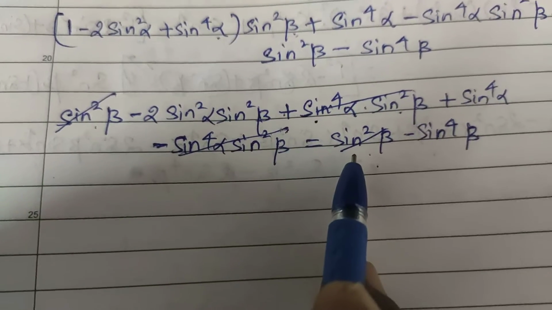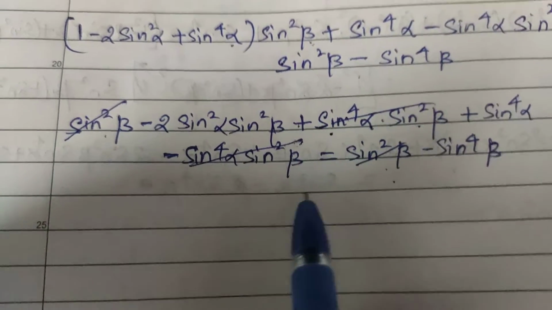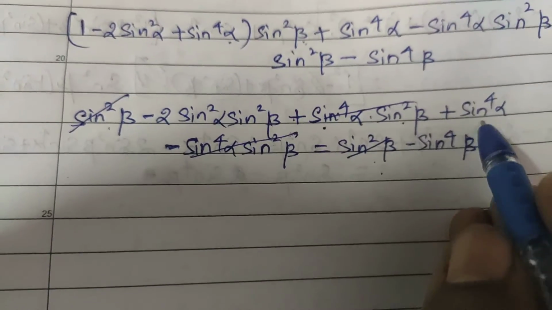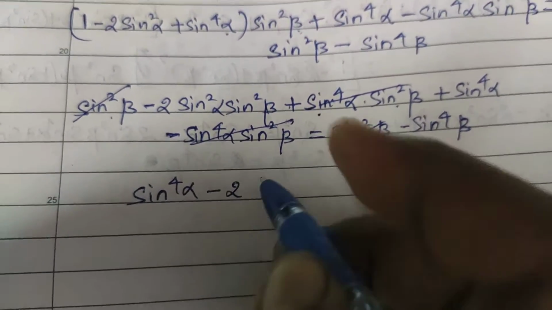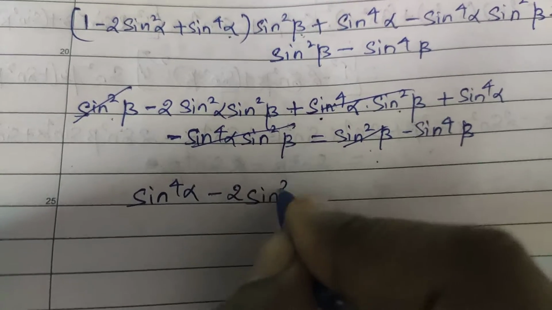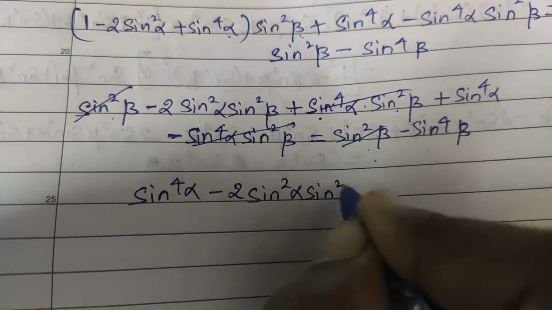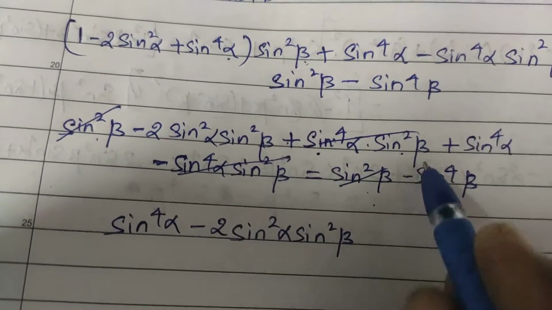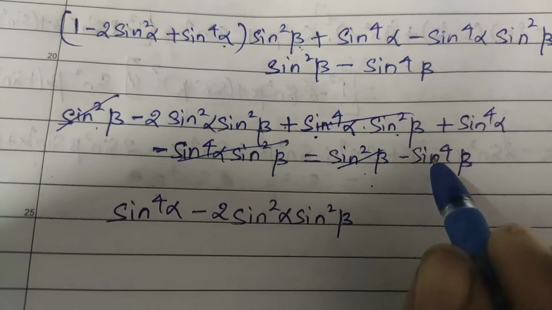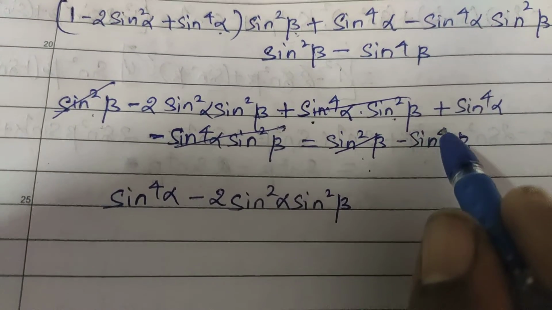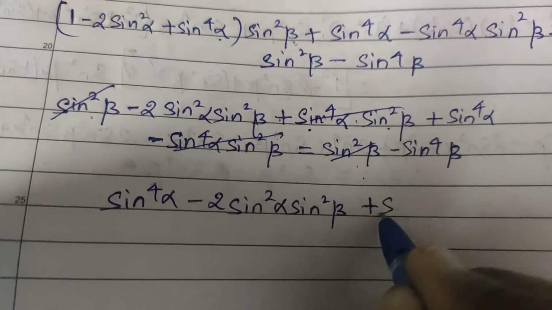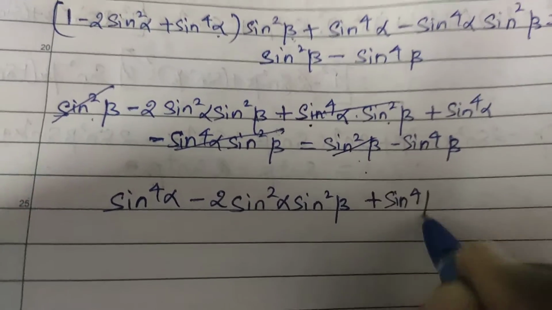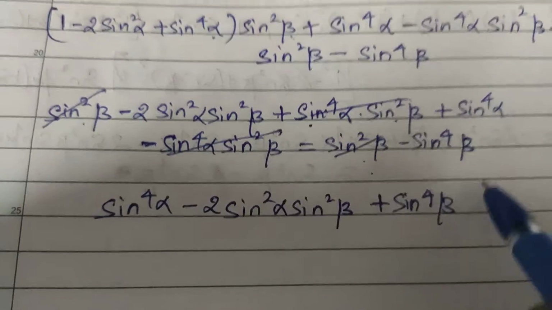I am cancelling it directly, okay children. Now what will be the remaining? Positive first, sin to the power 4 alpha minus 2 sin squared alpha sin squared beta, remaining everything got cancelled, minus sin to the power 4 beta will be taken to the left hand side. So it is plus sin to the power 4 beta is equal to 0.